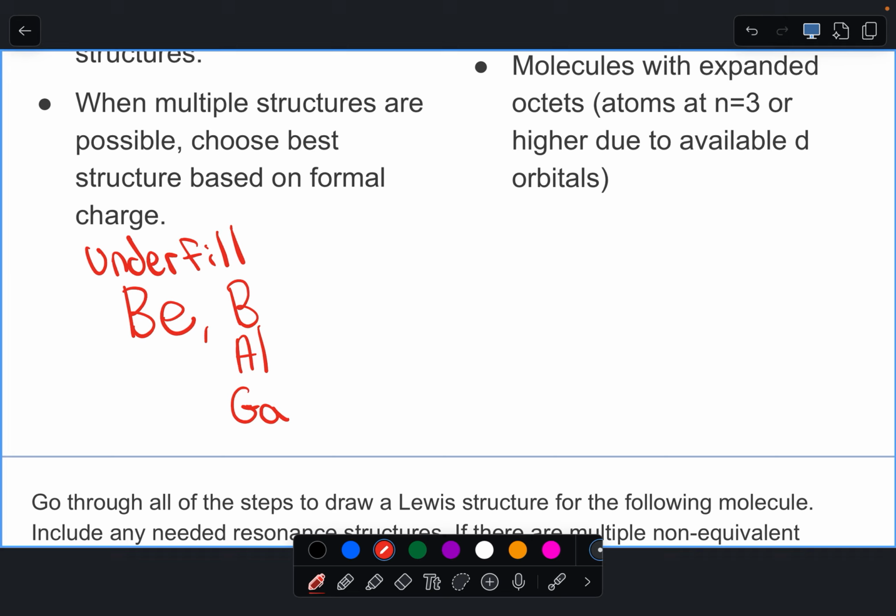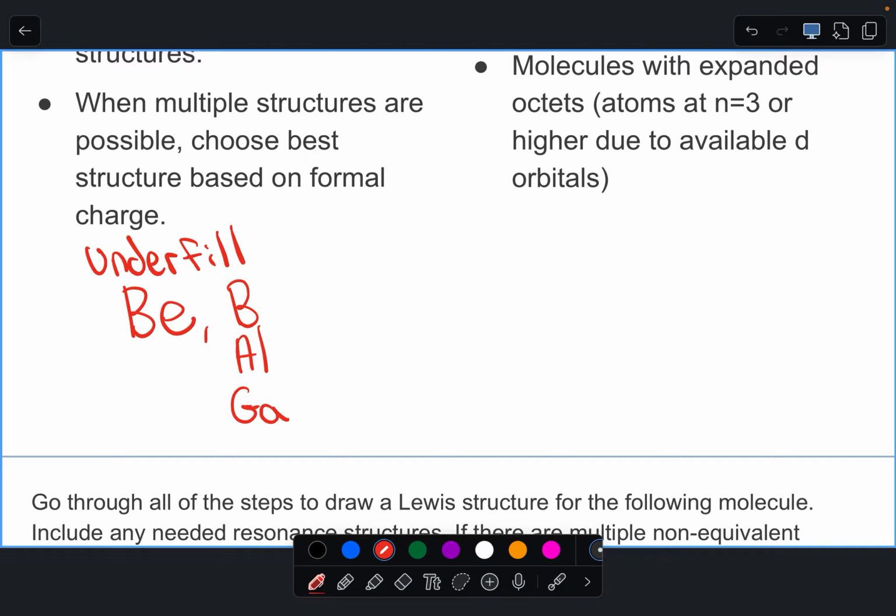I have it highlighted on the periodic table that I'm going to show you, but it's a very obvious location. So go to your periodic table when you're wondering, is this something that has to underfill or does it have to follow the octet? I'm going to show you visually how to remember those because I don't expect you to memorize a list. That's not what we're doing.